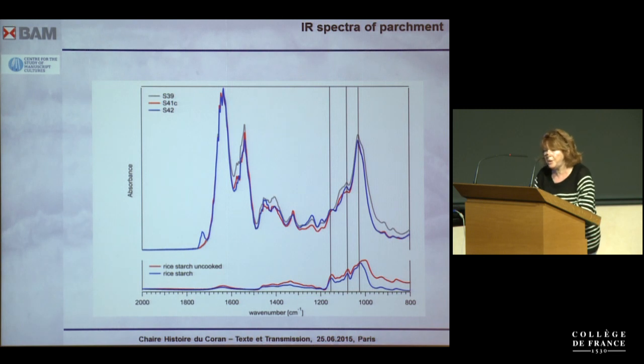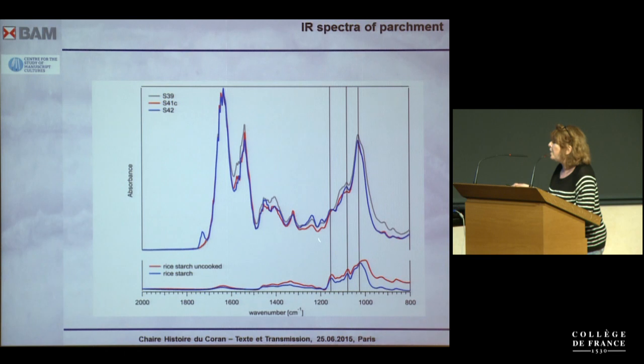Now, what do we do with parchment? As I was saying in the beginning, what kind of parchment are we using? This parchment is very light colored. However, in this spectrum that we see here, there is no calcite.